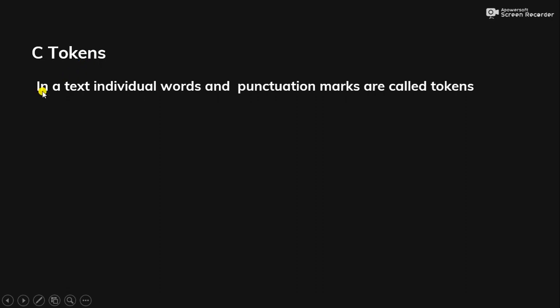Here, I and in are one type of token. This white space is also a token. This a is also a token. This text is also a token. So in a text, individual words and punctuation marks are called tokens. The words in, a, text, individual, word are examples of tokens.